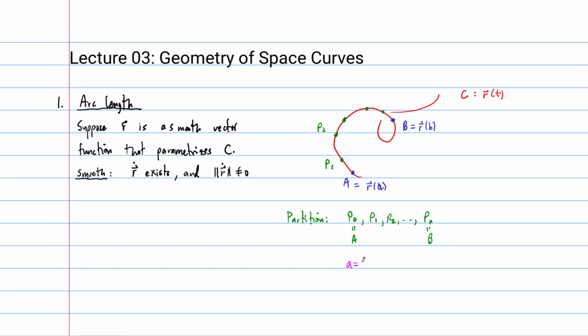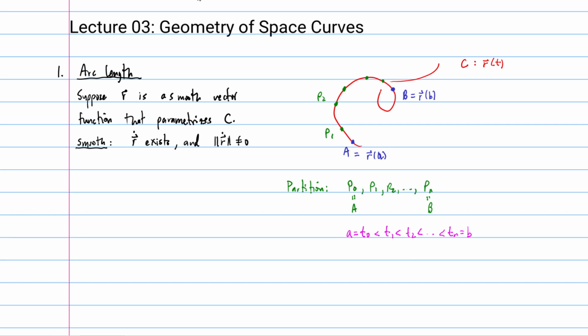So we'll have our partition A equals T0, and then the partition of the t values, these have to be ordered, right? So then we'll have T1 less than T2 less than etc. all the way up to Tn, which will correspond to our lowercase b. So this partition comes in two forms. It comes in the points that we've used to chop up the curve and the t values that we have to chop up our domain of our vector function with.